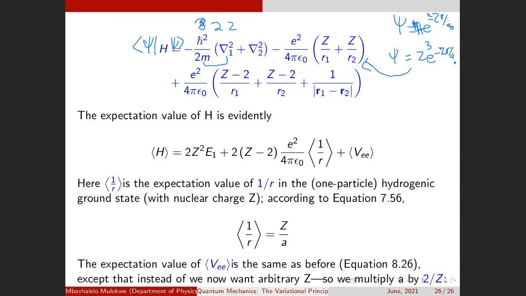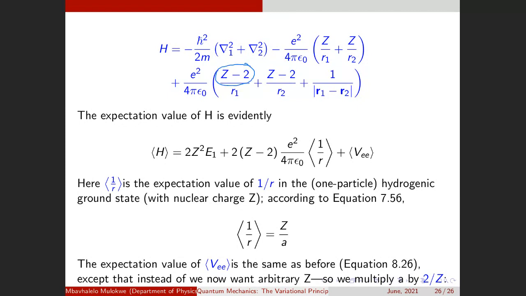You get what you got previously, Z squared E1. I explained you get this Z squared from the kinetic part. The expectation value of that gives you this, and then you're left with Z minus 2, which is a constant, not depending on the coordinates. So you're left with 2(Z minus 2) times the expectation value of 1 over r.